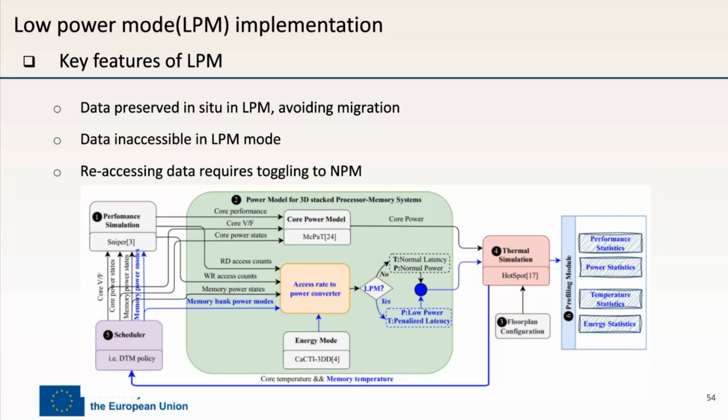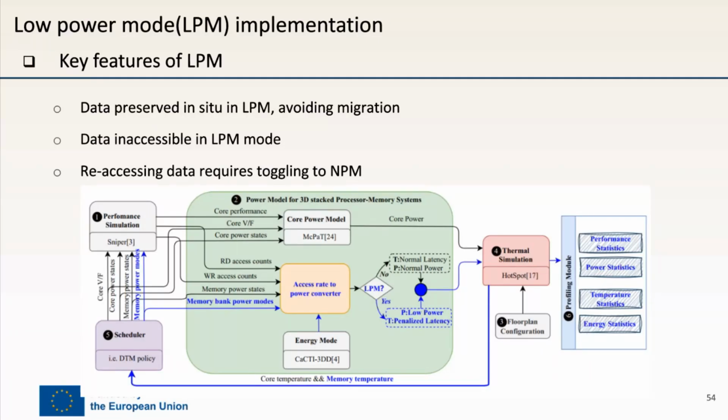But with this constraint, when the memory bank is switched to the low power mode, the data is inaccessible, and we only need to consume a tiny part of power to keep the data. If we want to re-access the data, then we need to reactivate this memory bank and fetch the data, which increases the latency. So this low power mode design is also not free.